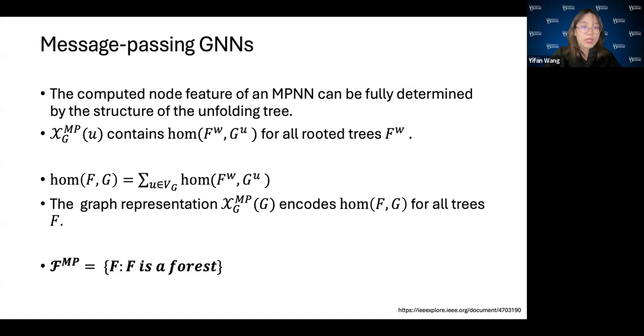Therefore, we can define the homomorphism number over the whole graph as the summation among each node.